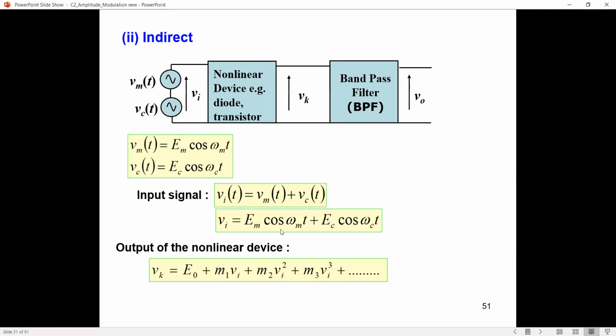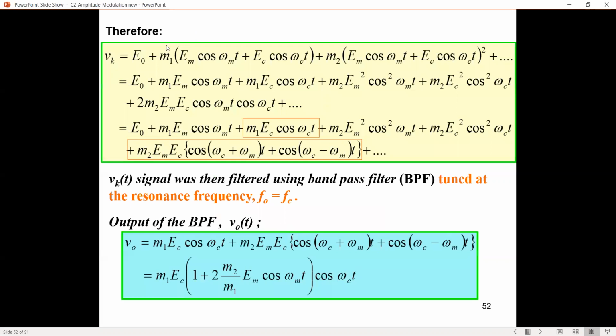When we do this calculation, that is how we have our M1 and M2 inside our full AM equations. We don't have to consider terms higher than square, because there are even higher harmonics that we can ignore, since we will tune our bandpass filter at FC anyway, and they will be removed.